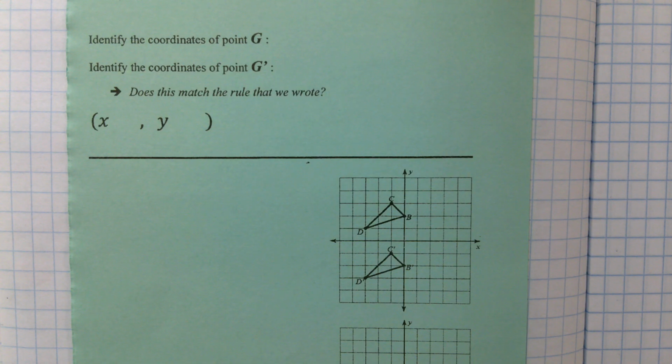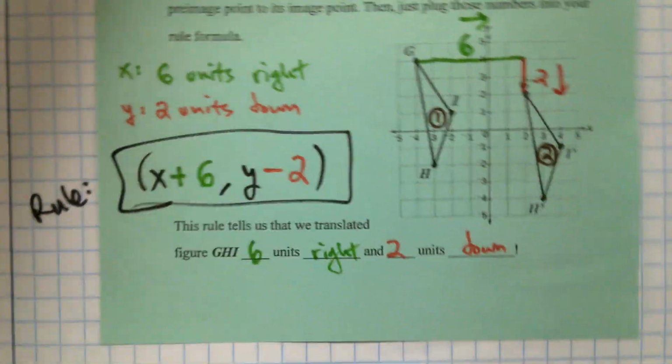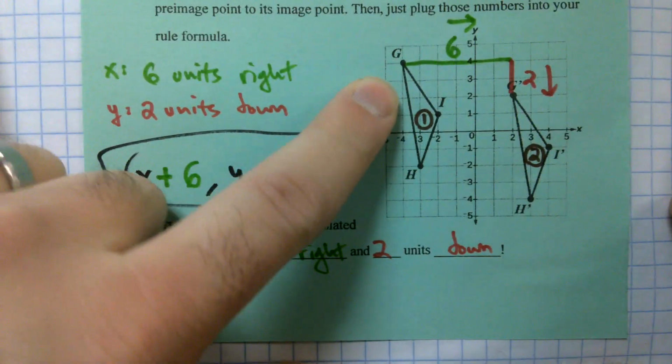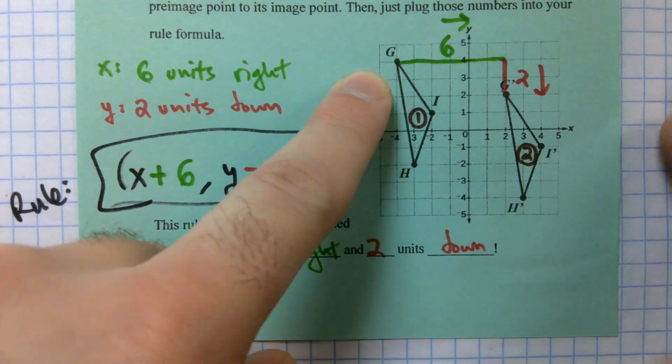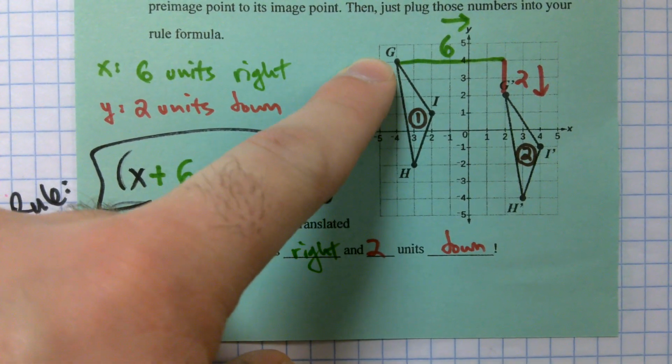You have that glue stick. All right. Look back at the first page real quick. Go down to G. You guys all see point G? My pre-image, my starting point. What are my coordinates for point G?